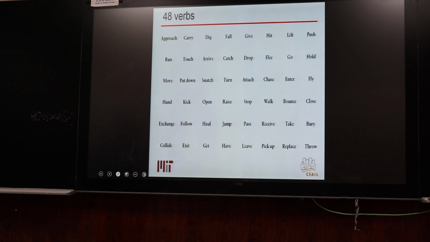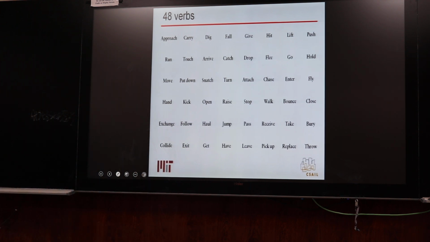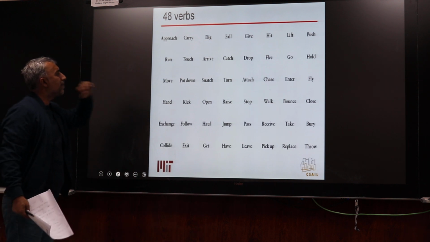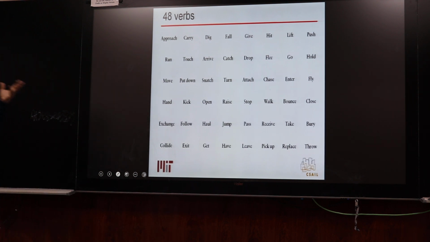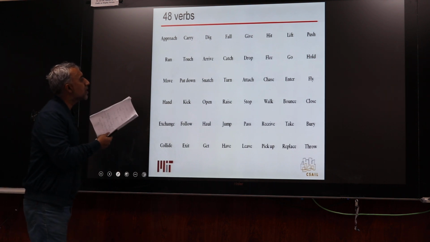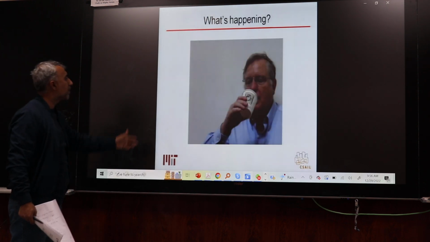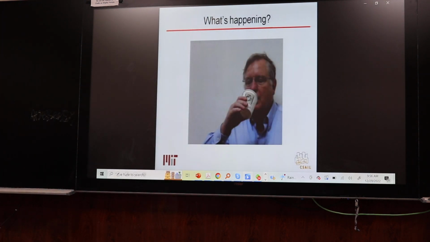If we go a little further in terms of audio, or for action, what represents some kind of action? This slide I copied from the MIT Professor Patrick's lecture. Actions mean something that they are doing, the verbs. For example, if I show this picture of Professor Patrick, what is he doing?